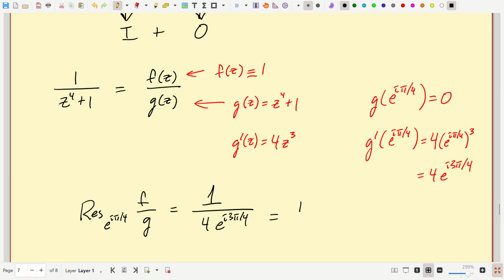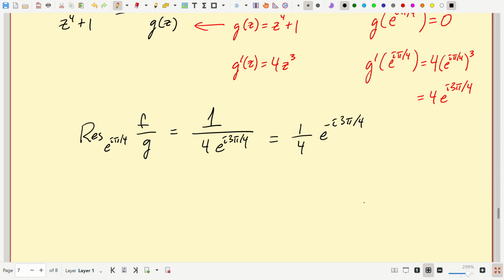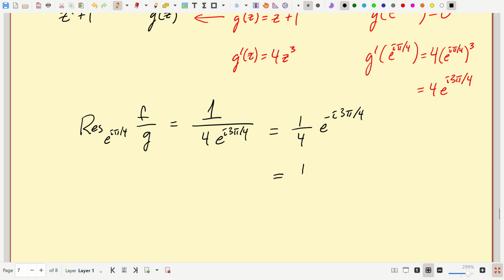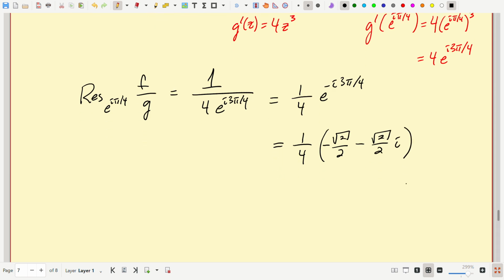And so I get 1/4 e to the minus i 3 pi over 4. That's an easy thing to calculate. That's equal to 1/4 times the square root of 2 over 2 minus the square root of 2 over 2 i.